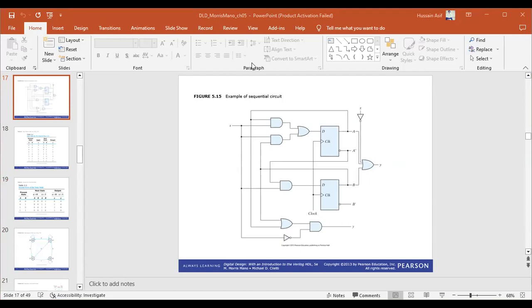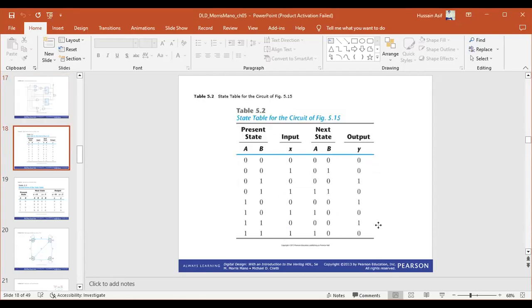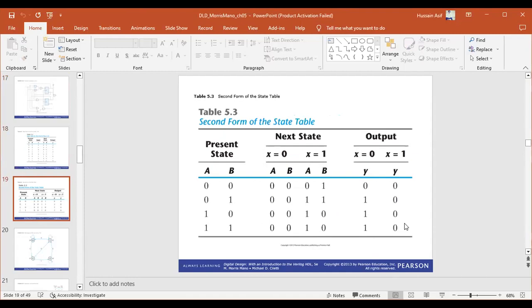Can anybody repeat what we did in the last class? Sir, we discussed sequential circuit cases. Yes, the circuit given in front of you, right? Okay, so is there any question from this circuit?